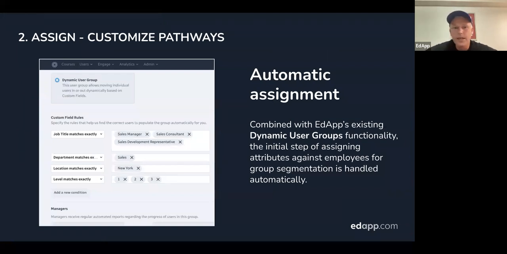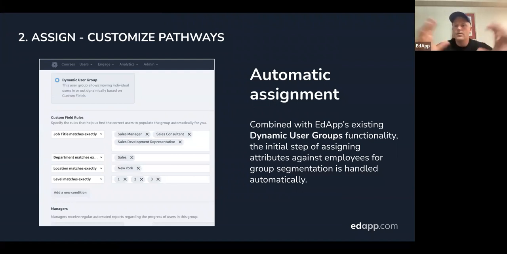Moving forward, if we're talking about user group segmentation, it is worth talking about dynamic user groups. Just quickly, dynamic user groups is our way of creating or assigning courseware automatically to learners based upon the attributes that you peg to them in your system.